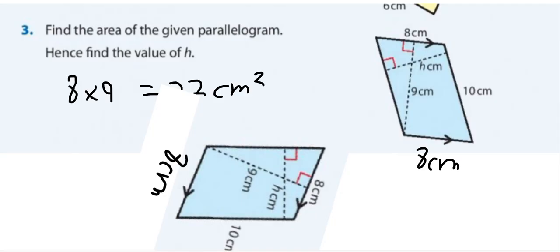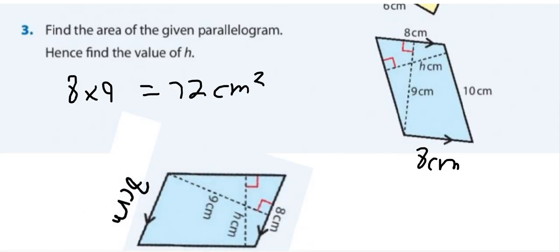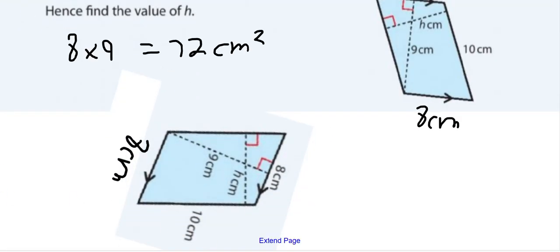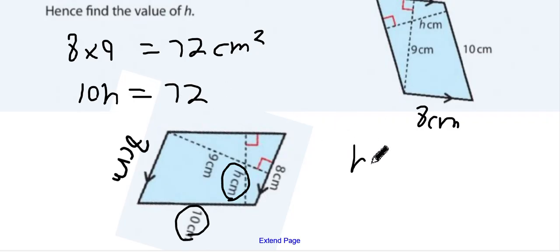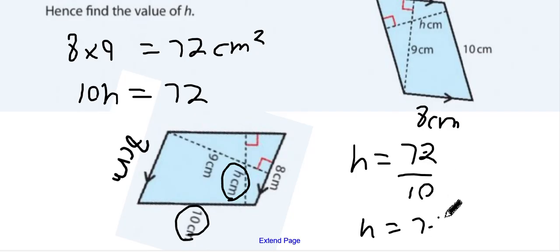You're noticing 10 and H. Everybody see 10 and H? So 10 multiplied by H should give me the same answer. So 10H has to equal 72, and then H, who got that? 72 divided by 10.